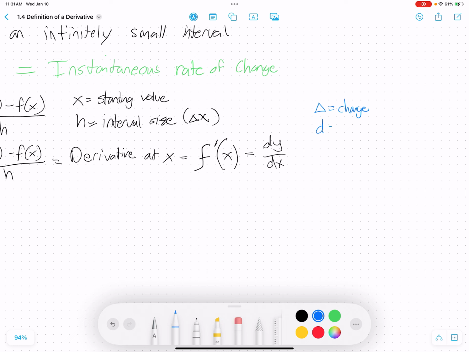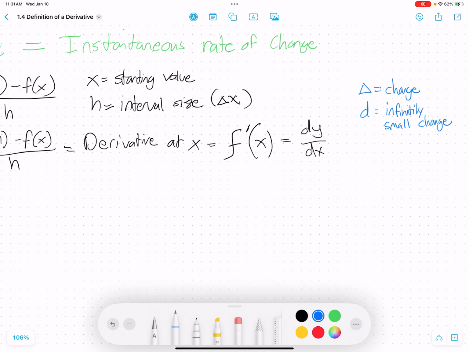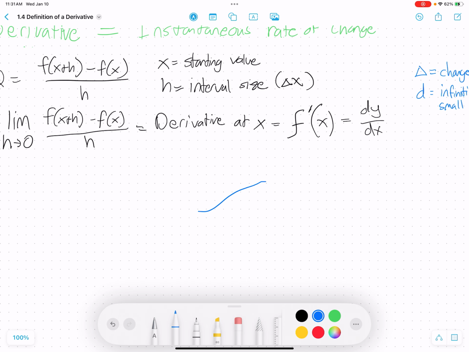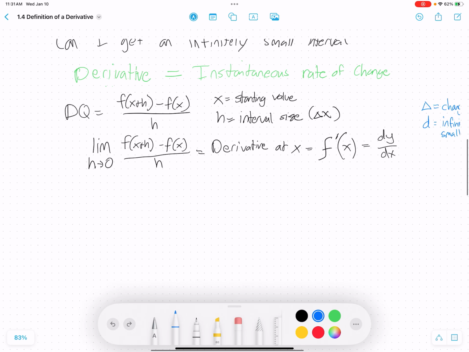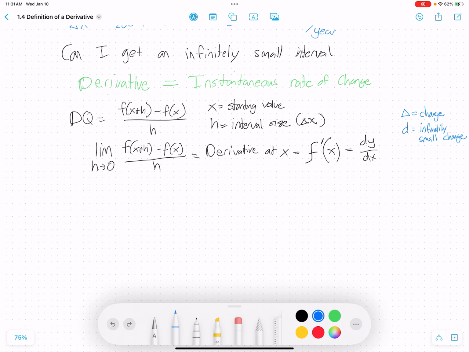Well, this lowercase d just represents an infinitely small change. And in that case, that's the same notation as just your average rate of change, which once again, that's what a derivative is. It's an instantaneous rate of change.